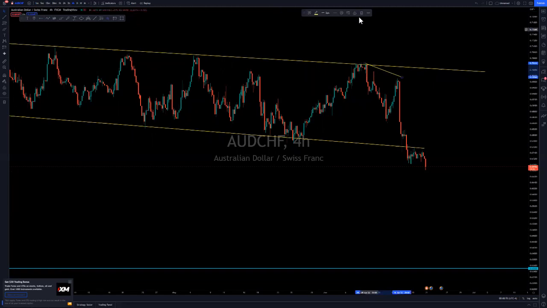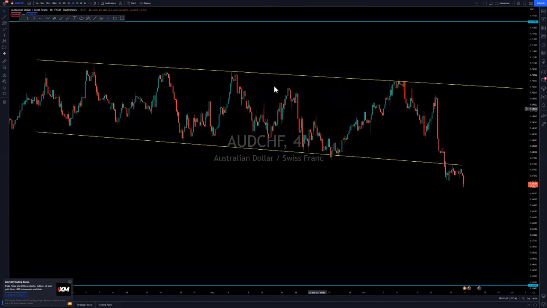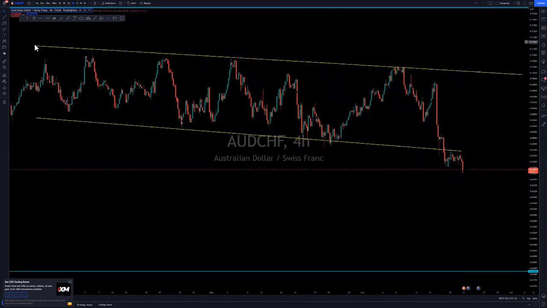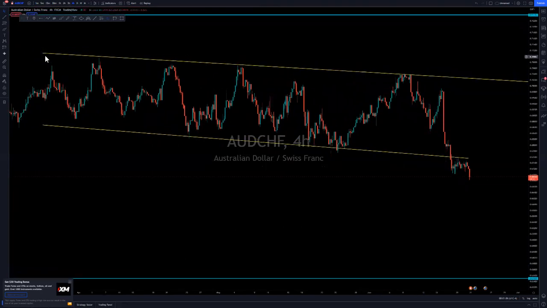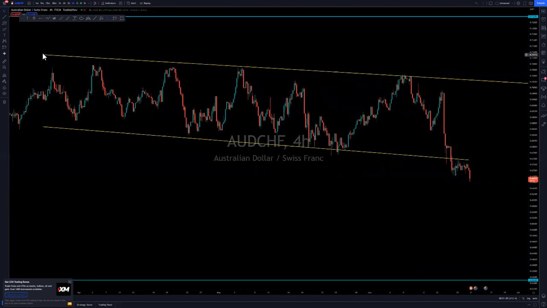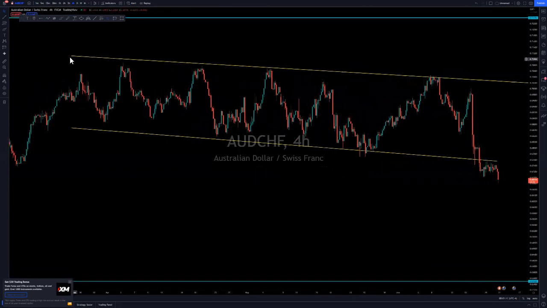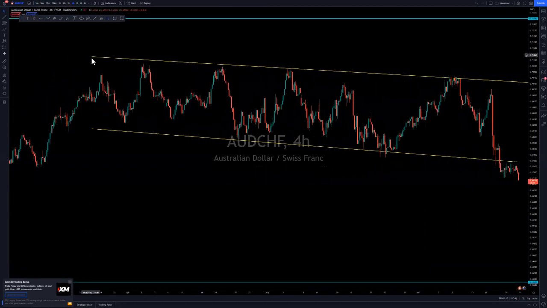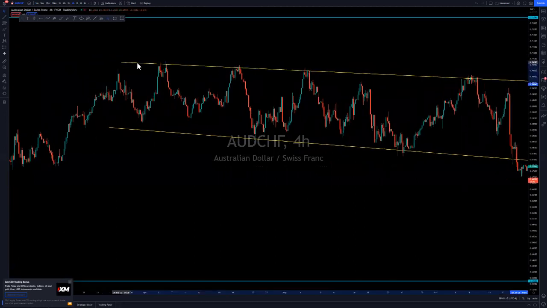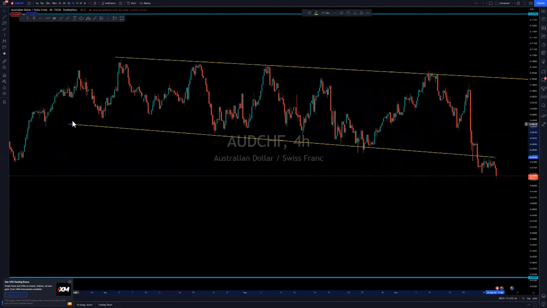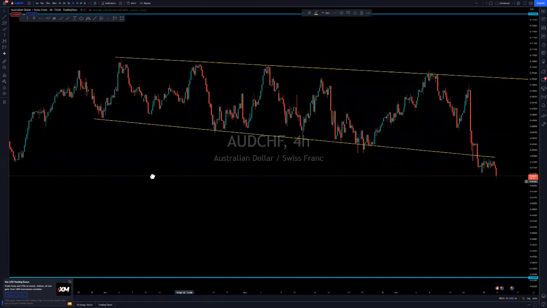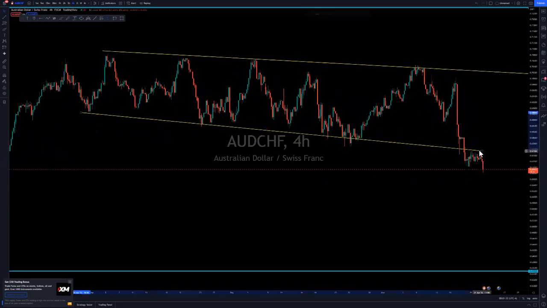As you could see, guys, price went up because of these touches. Price had enough touches, and when price had enough touches, everything was perfect.